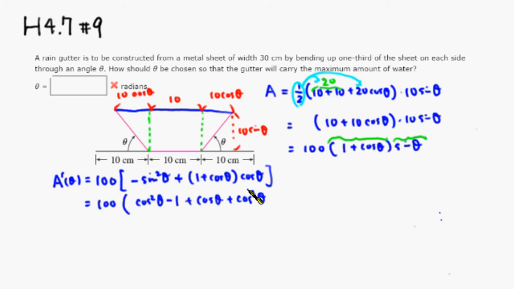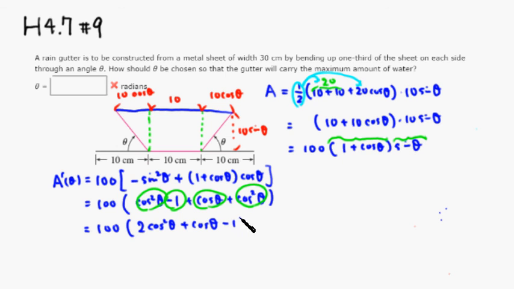So we can clean up: 100, then you have 2 cosine squared of theta, those are combined, and then plus here's a cosine, so you have a cosine of theta, and then we have negative 1, so minus 1.